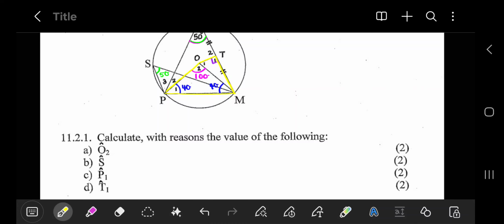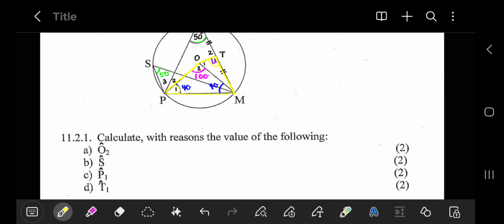Obviously, you have to do this through calculation. So let's go with the first rule. We know that in order for this to be a cyclic quad, opposite angles are supplementary. If we take the known opposite angles here, T1 and P1, and add them, you will get 90 plus 40 degrees, which is 130. Clearly, those angles are not supplementary. Only if it is a cyclic quadrilateral will the opposite angles be supplementary.